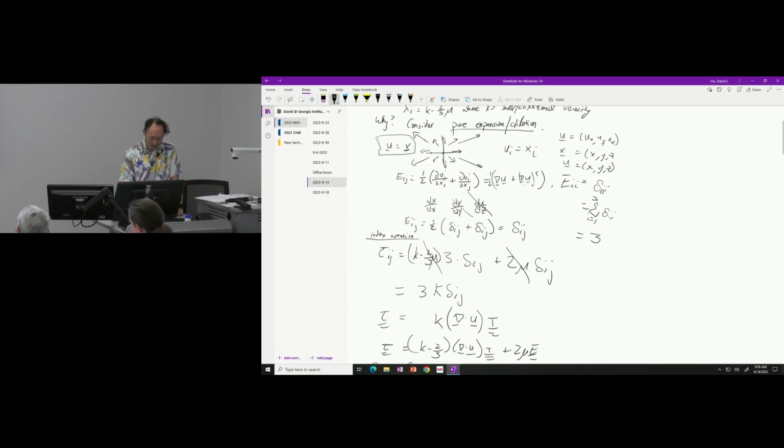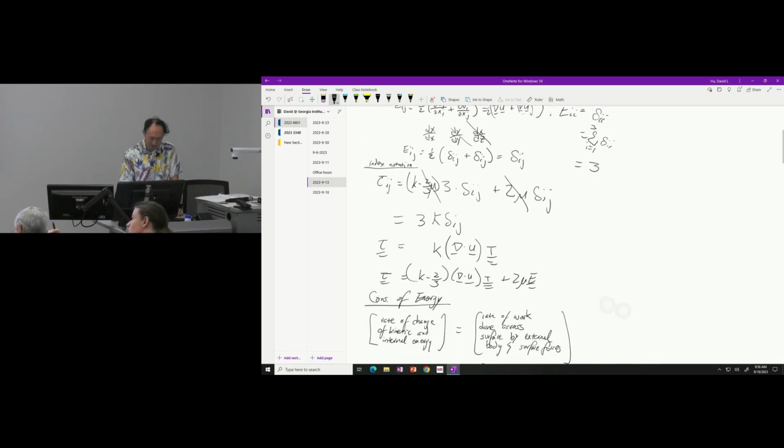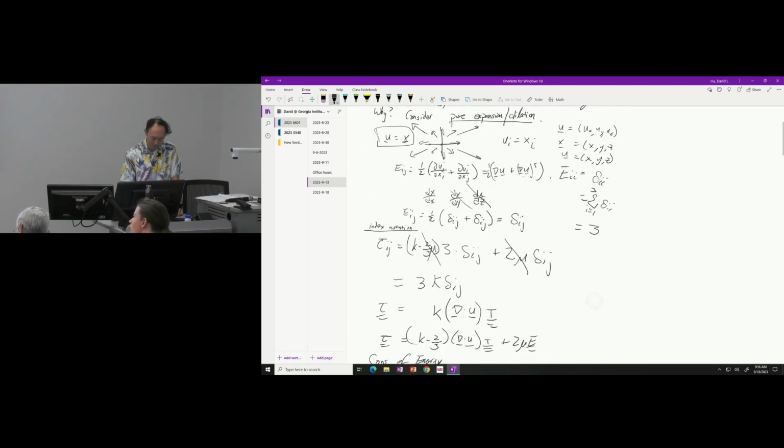If you consider a flow like that, then as we showed last time, tau becomes purely this, where k tells you how much the stress changes as a function of the divergence, which I think in this flow is 0 everywhere except for the center, where it's not 0.